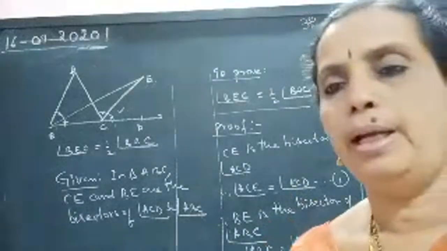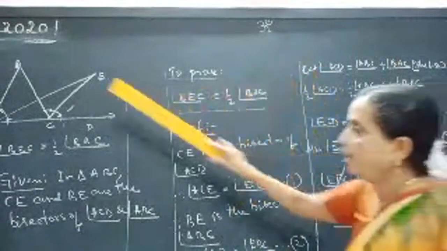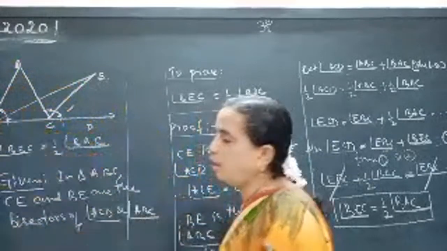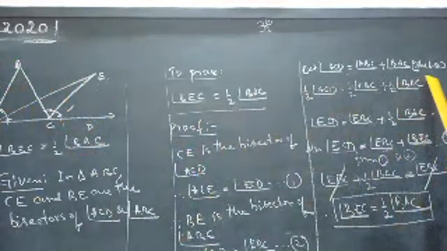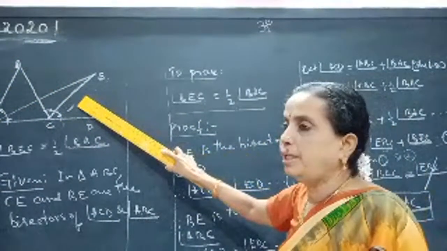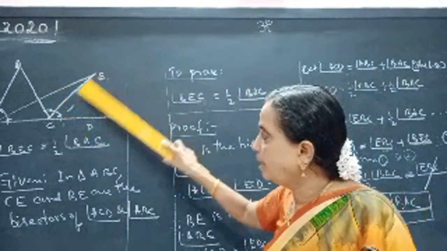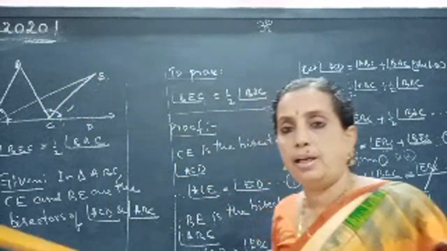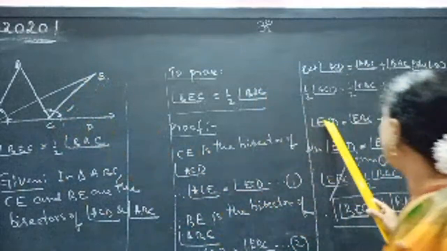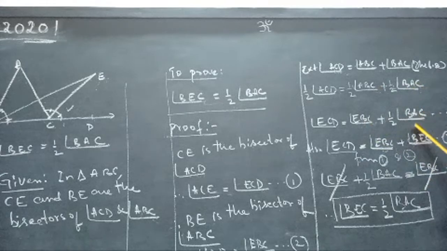Then I applied exterior angle property, that is exterior angle ACD equals sum of the interior opposite angles, and dividing by 2, half of ACD I took as ECD. ECD and ACE are equal, but I have taken ECD because for the next exterior angle again we consider angle ECD. So ECD equals EBC plus half of BAC; half of ABC is EBC and I took it as it is.